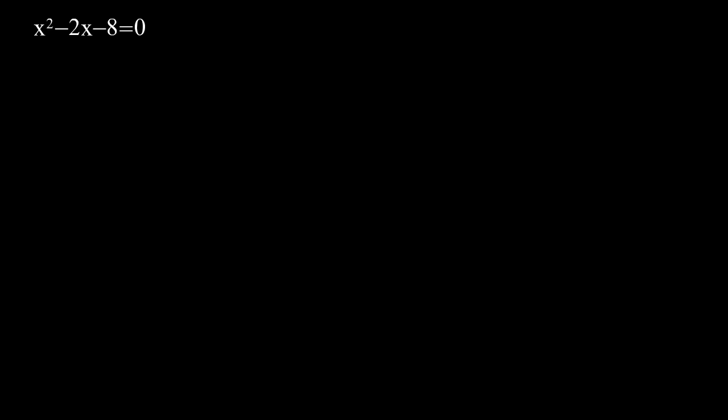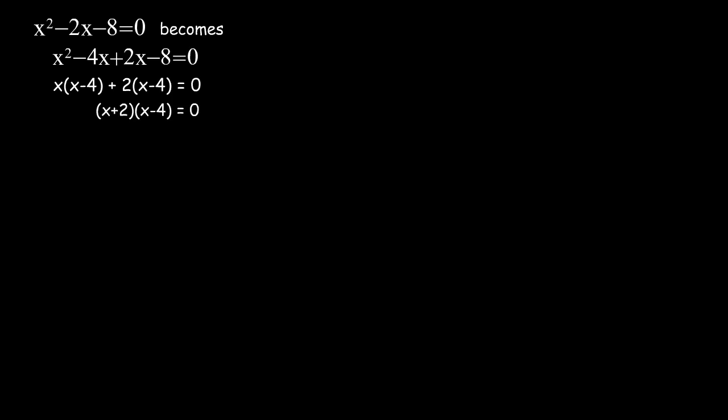x² - 2x - 8 = 0 becomes x² - 4x + 2x - 8 = 0. Now factorizing, it becomes x(x - 4) for the first two elements, plus 2(x - 4) for the next two, equals 0. Factorizing further, since our brackets are the same, it becomes (x + 2)(x - 4) = 0.